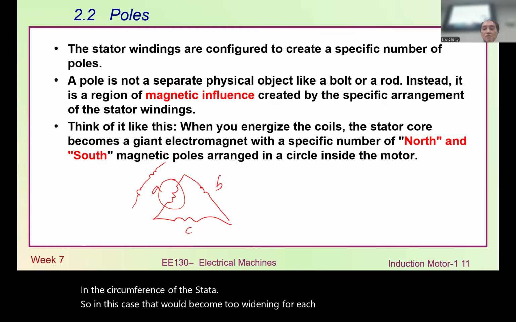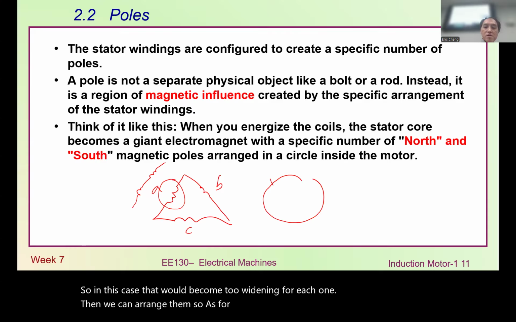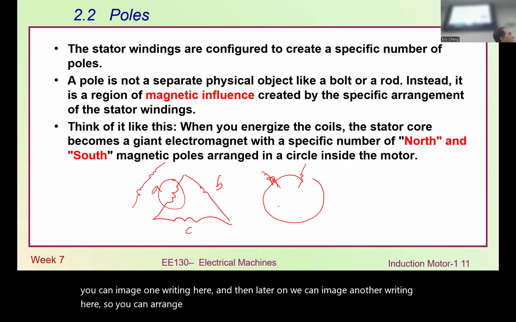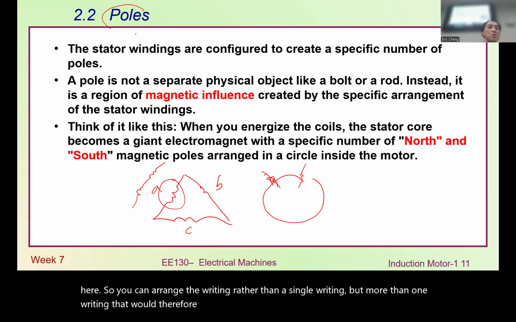Then we can arrange them. So for instance, you can arrange one winding here, and then later on we can arrange another winding here. So you can arrange the winding not as a single winding, but more than one winding. That would therefore create different poles. You see, one winding here, we got two poles, one pole here, one pole here.